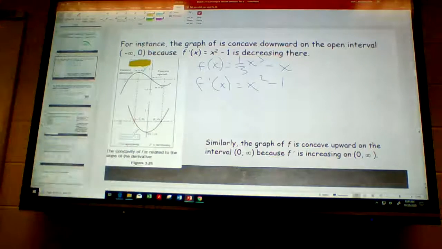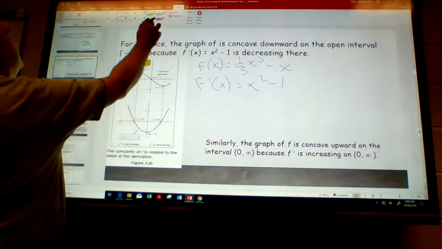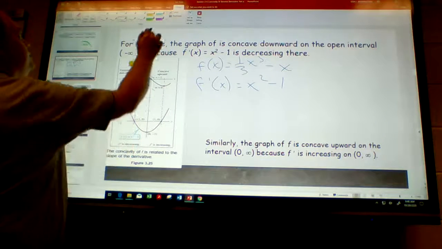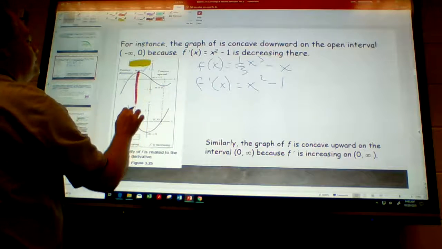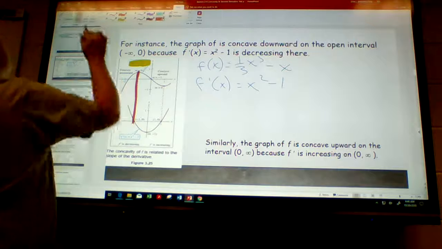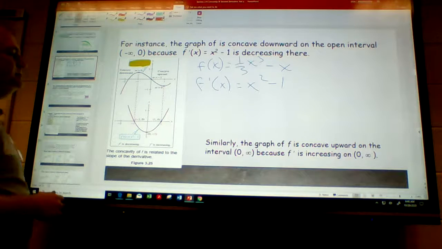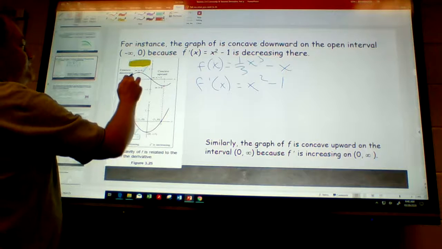Okay, so now notice, from the same locations right here, I want you to look at the same equations. Well, here's what happens. This shows the original function. Notice that's concave down.